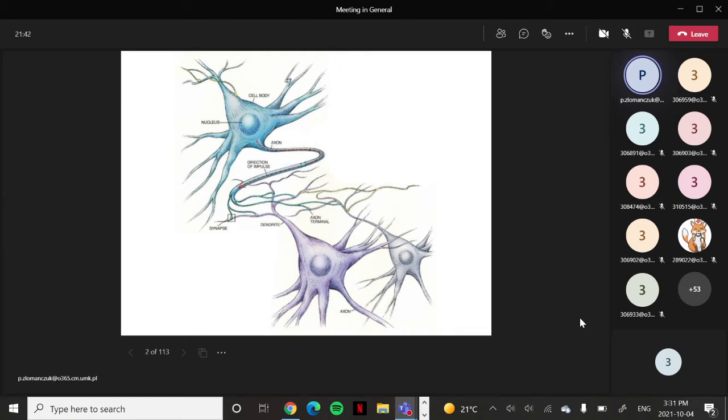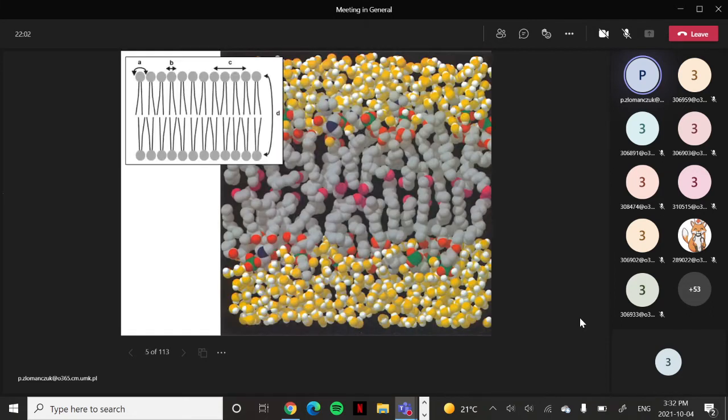So let's first look at the structure, which you should be quite familiar with, which is crucial for the transfer of information encoded in the electric changes. And this structure, as you, I guess, know, is the cellular membrane.